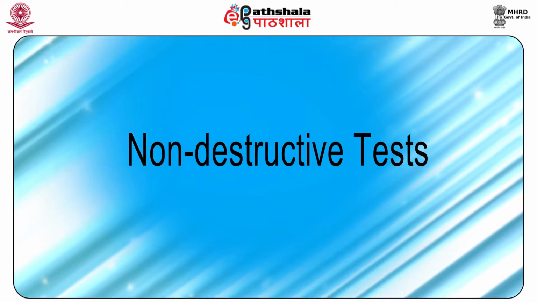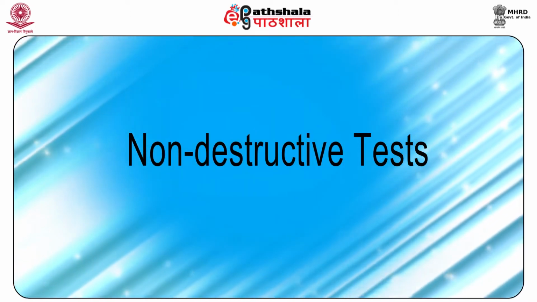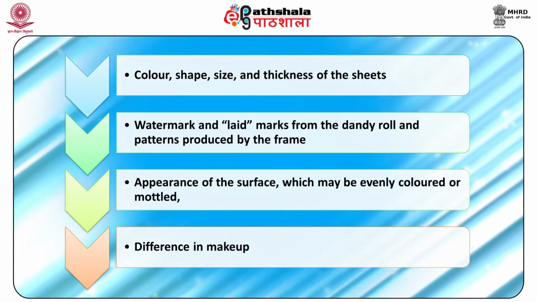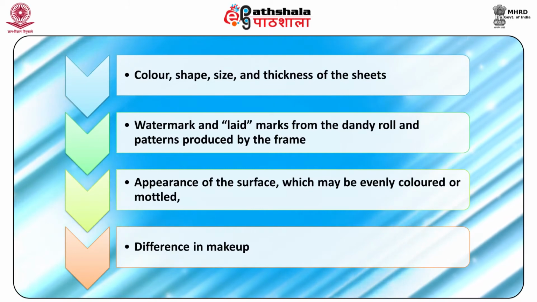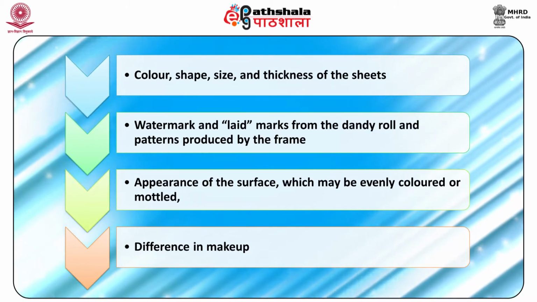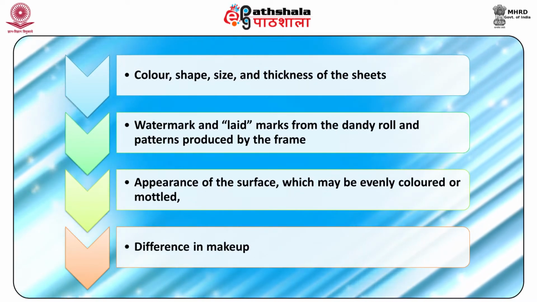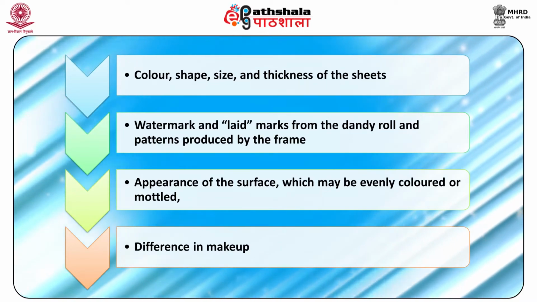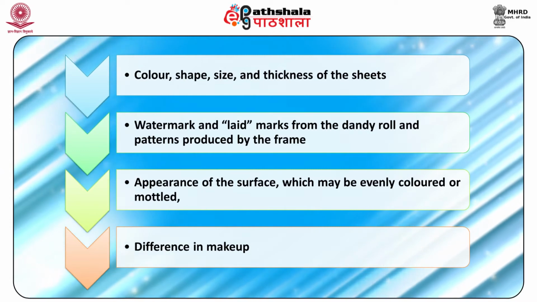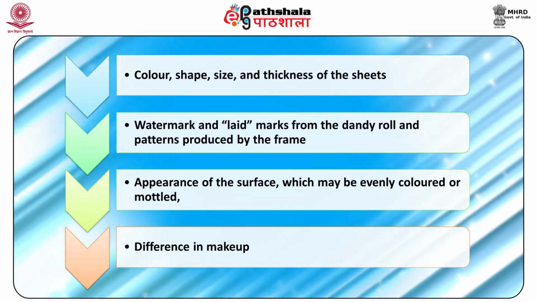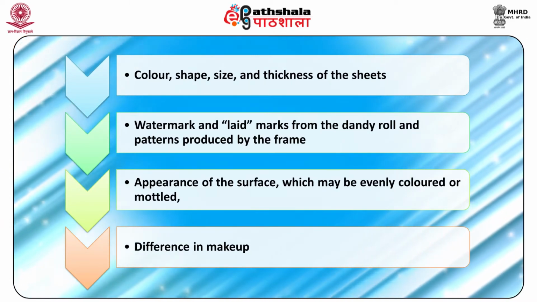Next is non-destructive test. Most of the operations in the manufacture of paper provide features that can distinguish one type from another, either by direct observation or by more elaborate techniques.